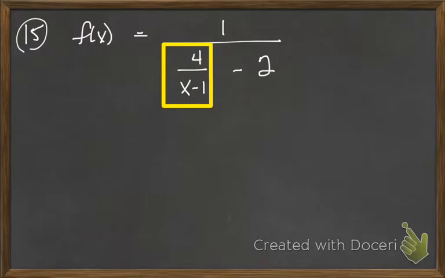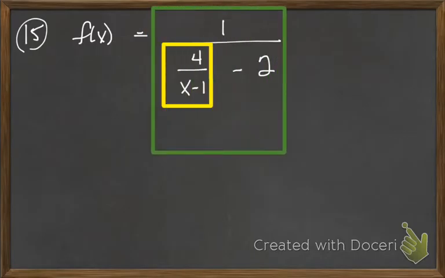So I actually have two fractions that I have to look at. So let's look at the little fraction in the yellow box. What can x not be in the little fraction in the yellow box? X can't be 1 there.